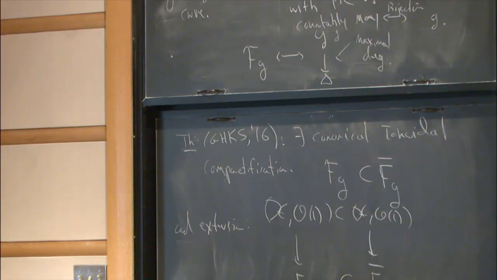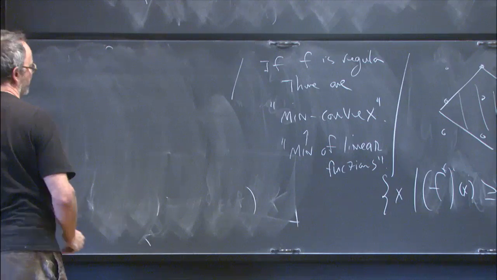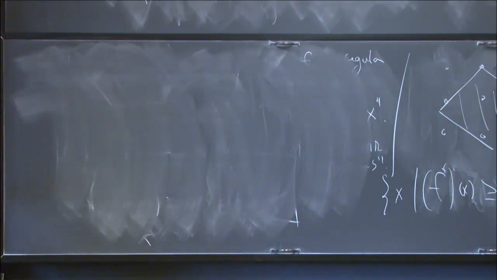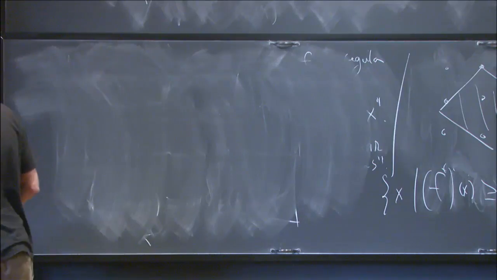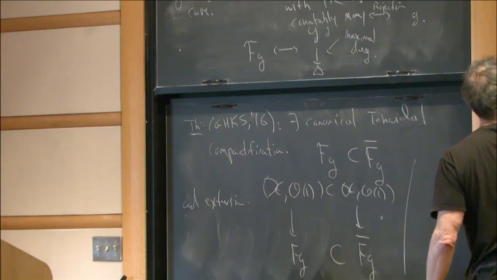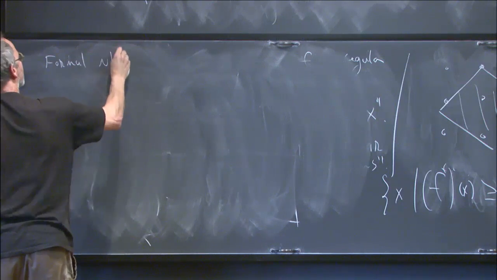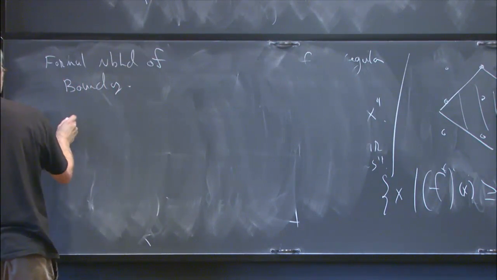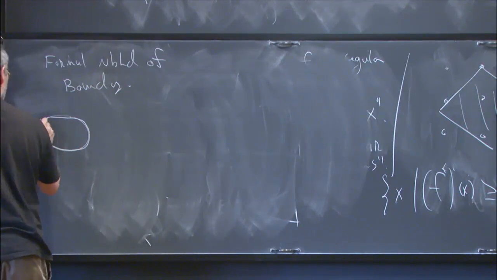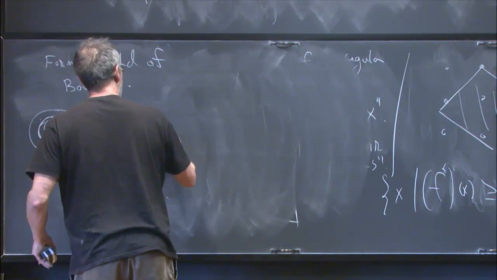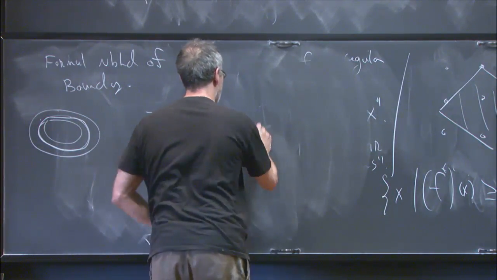I'll make a statement that is not factually correct, but the thing we prove is much cooler than what I'll say. To explain it would be a little too detailed. What I want to say is that it's a toroidal compactification. That means the boundary really does look like the boundary of a toric variety. So I want to say that the formal neighborhood of the boundary, so you had this moduli space, you add on some boundary, and now you look at a little analytic neighborhood of the boundary, inside of Fg bar, the boundary is the toric variety.